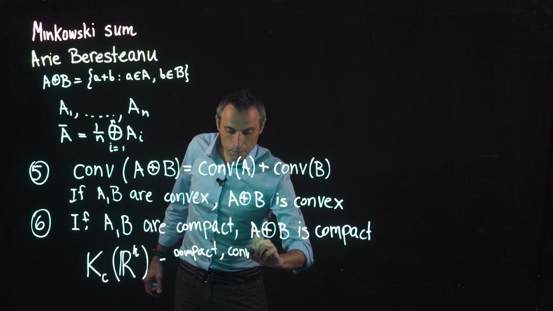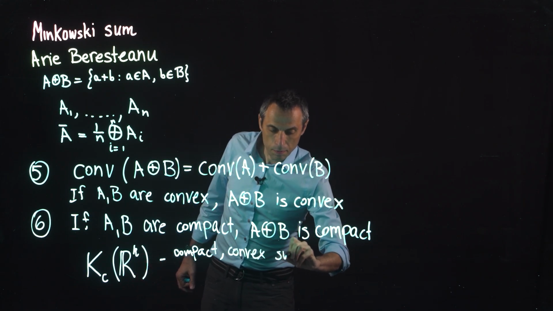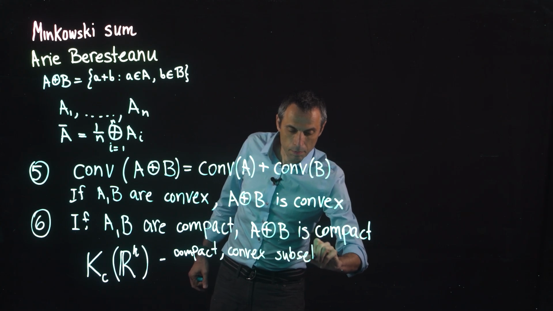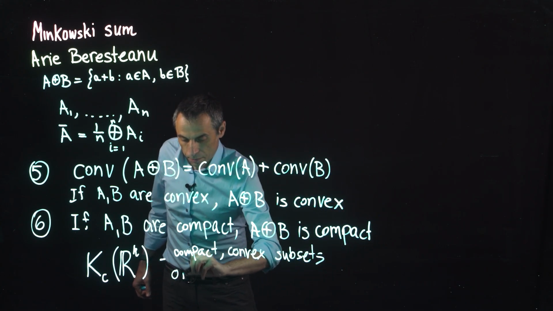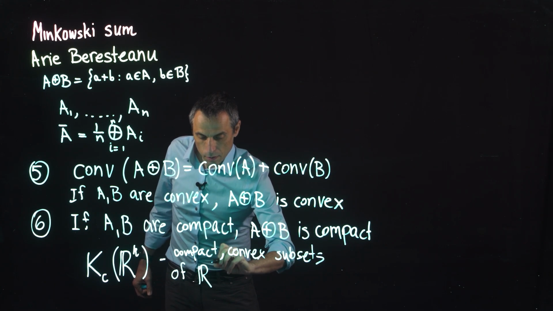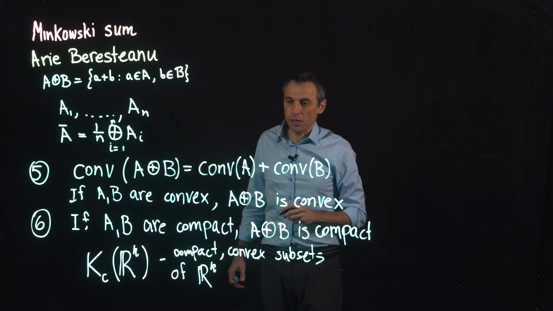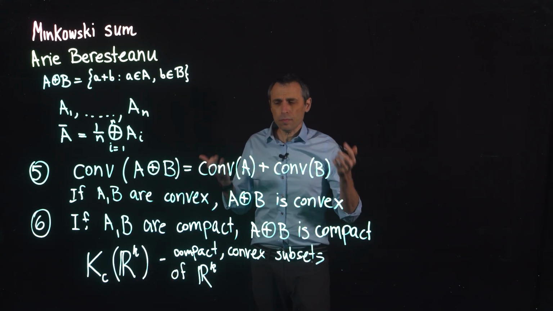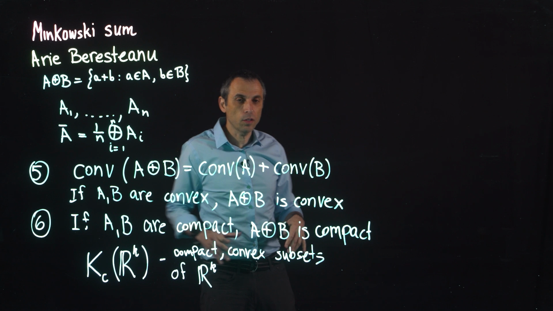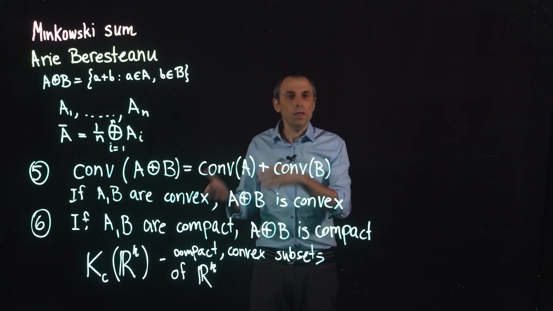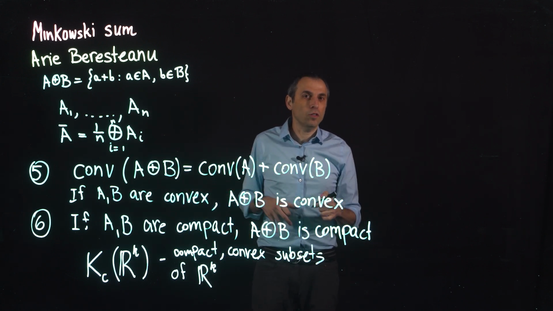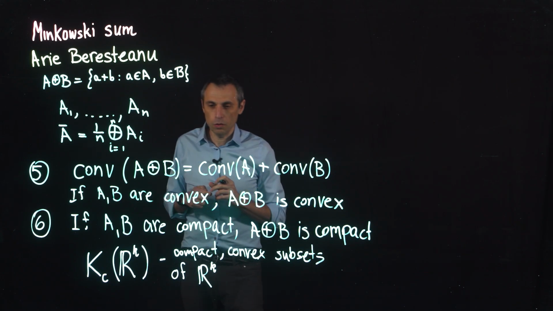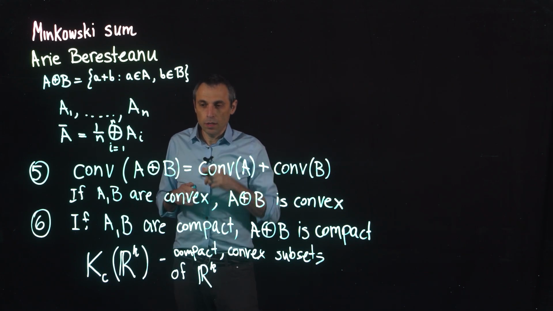So what we have from 5 and 6 is that if we take two sets from this collection, the sum of them is also a member of this collection. So that's a good property to have.